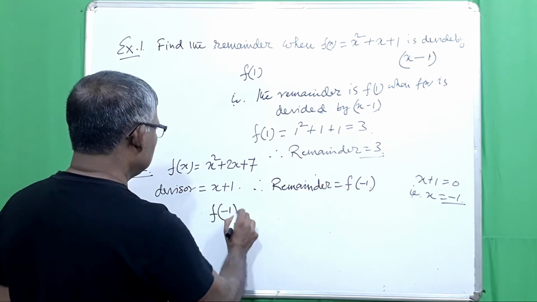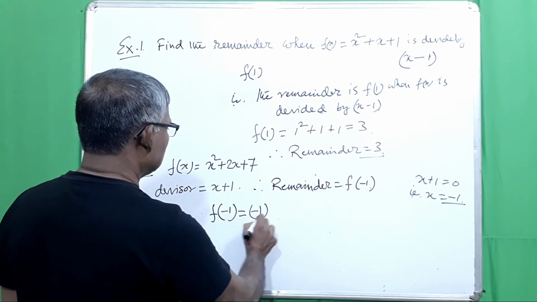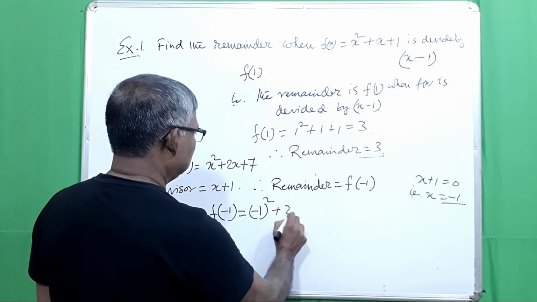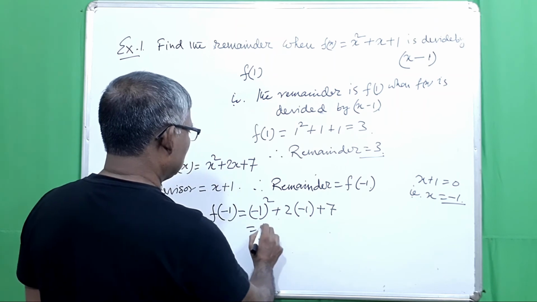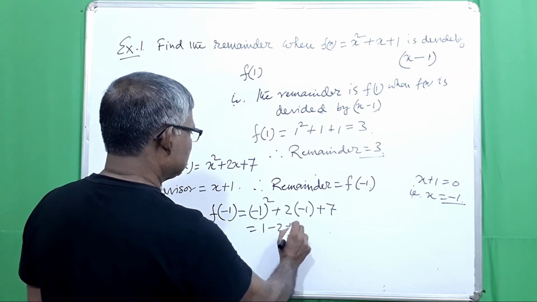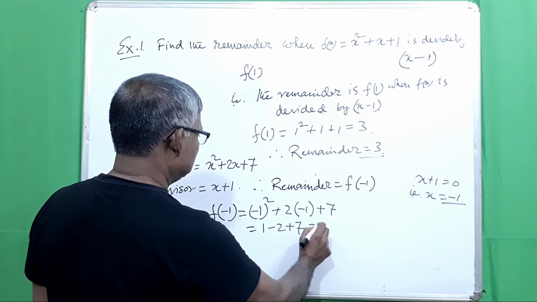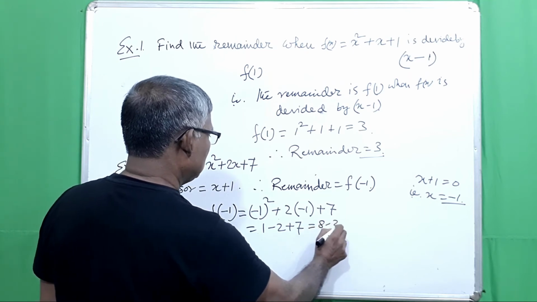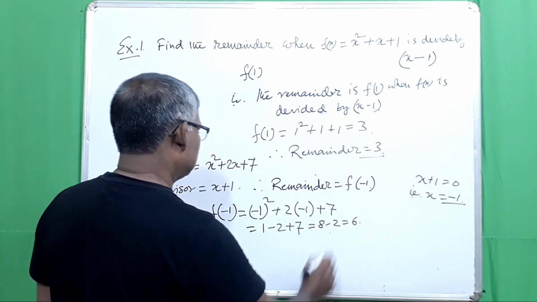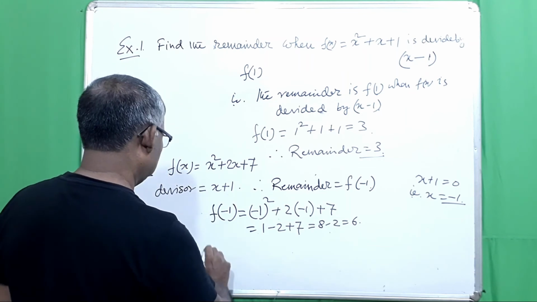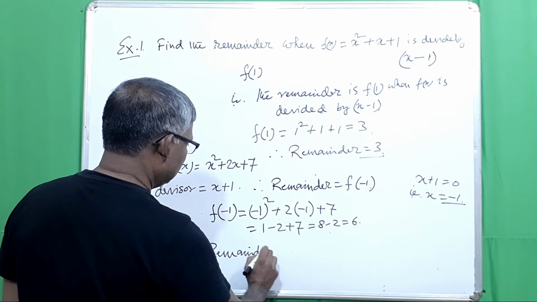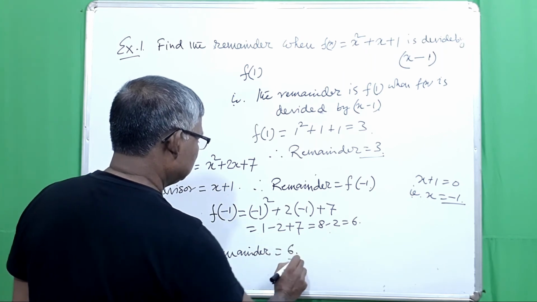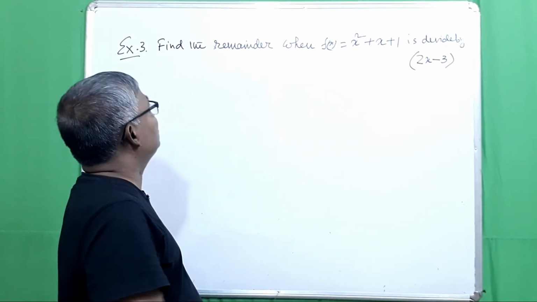Here f(minus 1) equal to (minus 1) whole square plus 2 into minus 1 plus 7. That is 1 minus 2 plus 7. That is 8 minus 2 equal to 6. So remainder equal to 6.